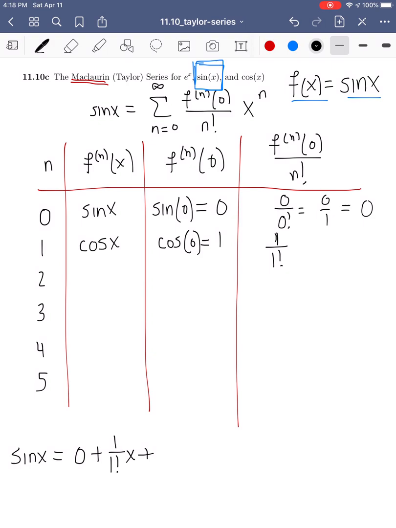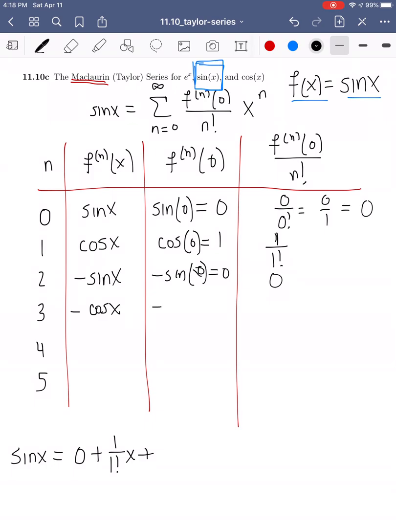The derivative of cosine, or the second derivative of sine, is negative sine of x. Evaluating negative sine of x at 0 gives us 0, so this coefficient is 0. Let's take a derivative of negative sine of x. That gives us negative cosine of x.